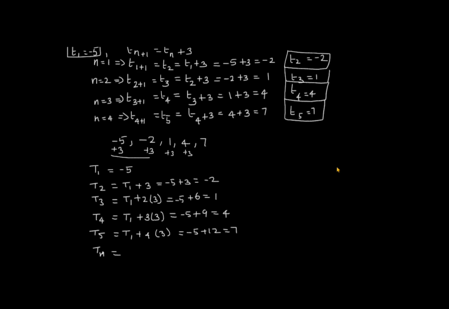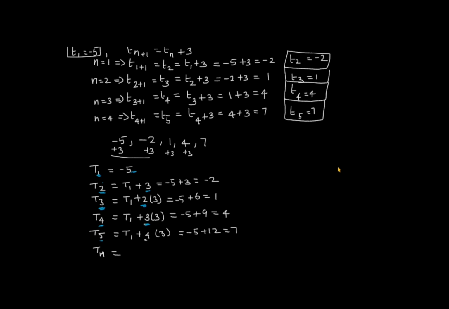Look at the previous cases. 5 means 4 times. 4 means 3 times. Compare this with the n given. 1 means nothing is added. For T2, we are adding only 1 time 3. For T3, we are adding 2 times 3. For the fourth term, we are adding 3 times 3.